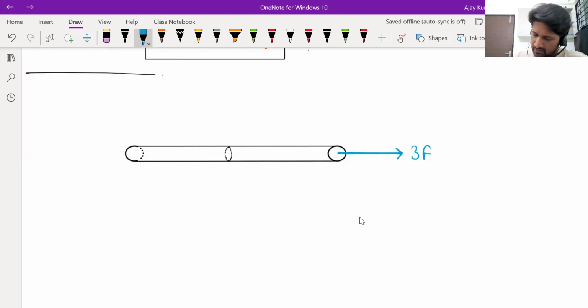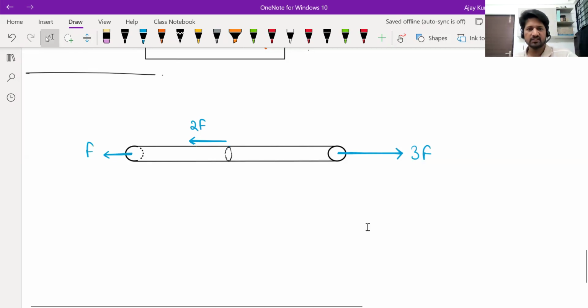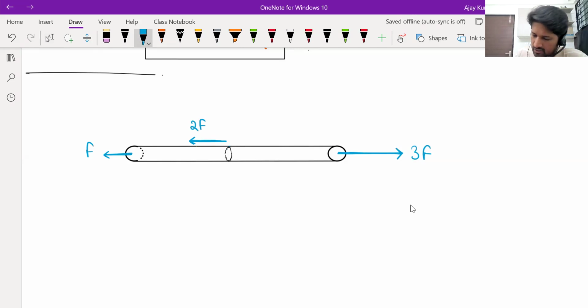At the midpoint, let's say a force 2F is being applied. And at the left end, a force F is being applied. So the net force on this wire is 0 only. 3F to the right side, 2F and F to the left side. Net force is 0. But the forces are not applied only at the ends. Two forces are applied at the ends, but one force is applied at the midpoint.